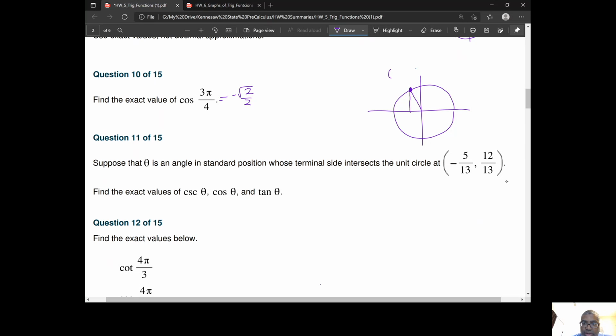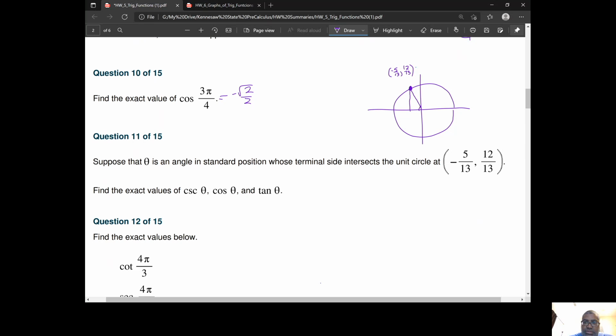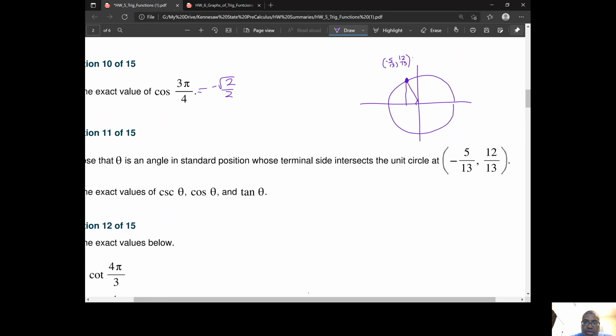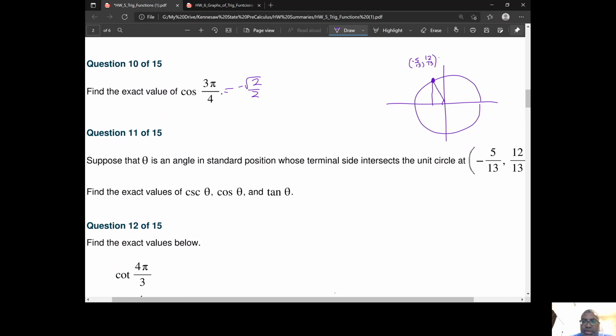So this is negative 5 over 13, comma, 12 over 13. That means that the cosine of this angle is negative 5 over 13, and sine is 12 over 13. And if you know anything about Pythagorean triples, that holds.